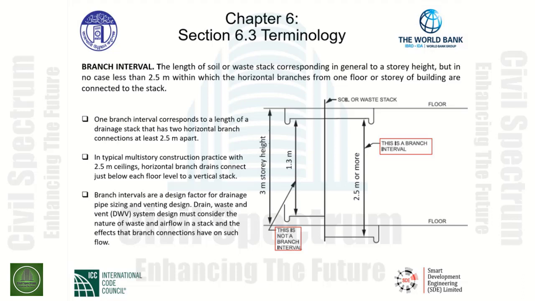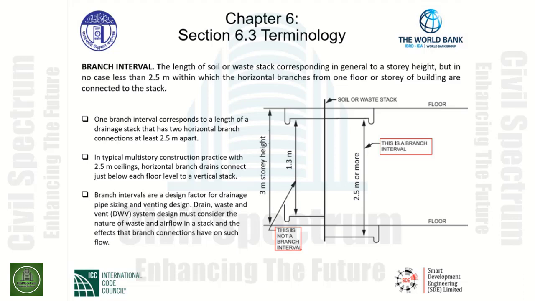So the distance is a function of how the drainage system will work and be loaded up in the system, as we will find out later in our design examples. To the right side, we indicate that this is a branch interval. If we look to the left-hand side of the soil or waste stack, we see that the elevation from floor level 1 to floor level 2, the upper floor, has a 3-meter story height.